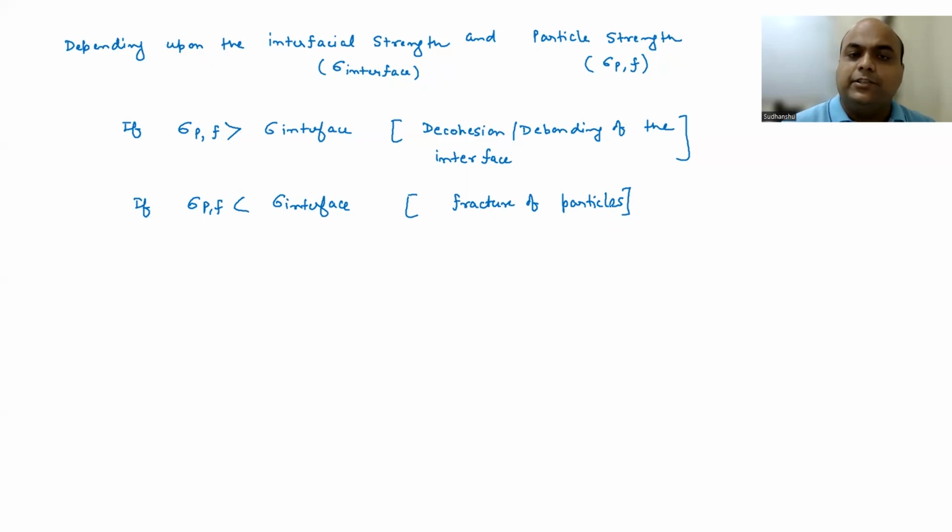So when you do a tensile test, you can see either fracture of the particle or debonding of the interface depending upon the interfacial strength and particle strength. Okay. So this is how your composites behave under monotonic loading, and we have discussed the particulate MMCs. Okay, now let's discuss the behavior of particulate MMCs under fatigue loading. So fatiguing particulate MMCs.